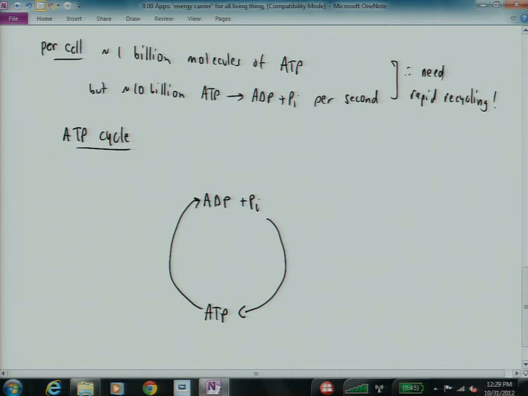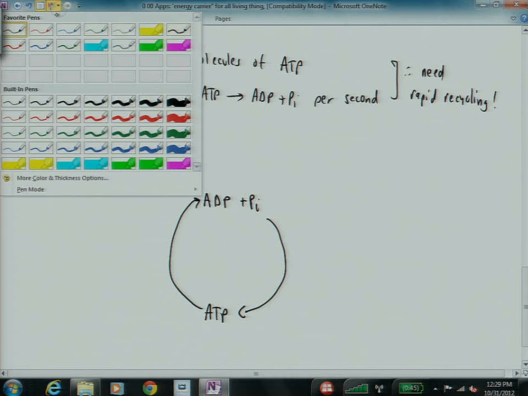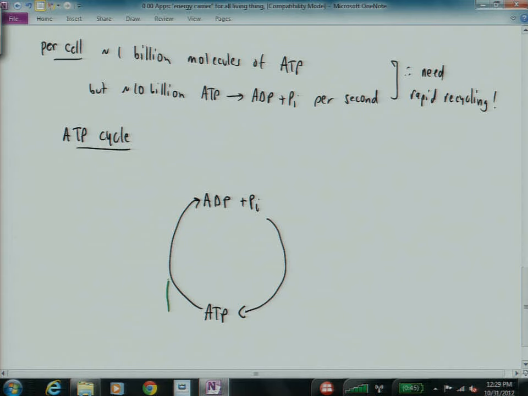And what I want to talk about is two different colors over here. On one side, I want to have these reactions. And these are reactions needed for life.